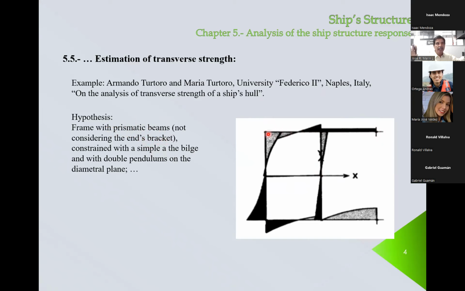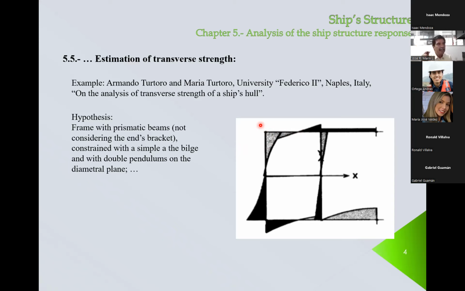So let's consider that the bracket does not participate in the inertia, but they could consider it because the bending moment in this element, at this point here, is equal to the bending moment of the vertical element at this point here. That's because of the action of the bracket. So the same rotation in the deck frame occurs on the bottom.